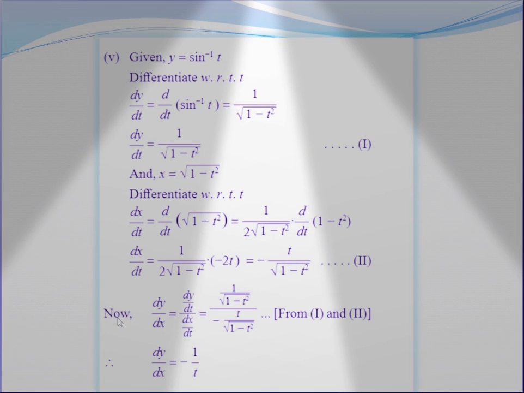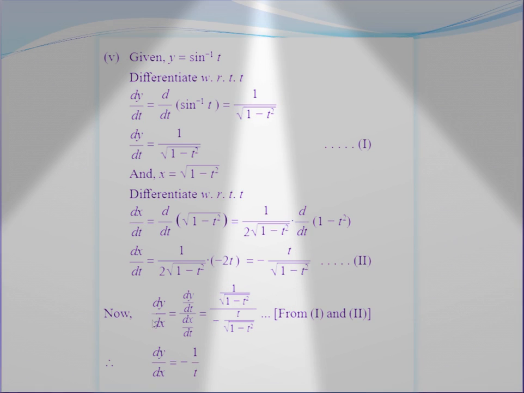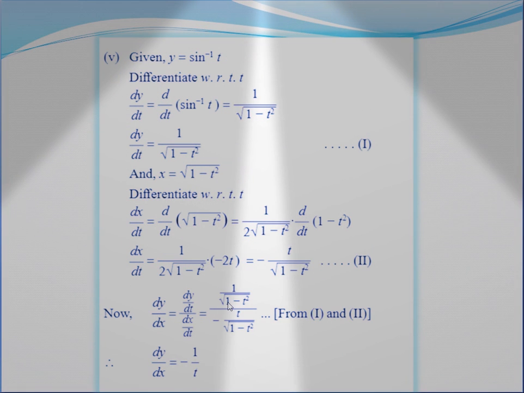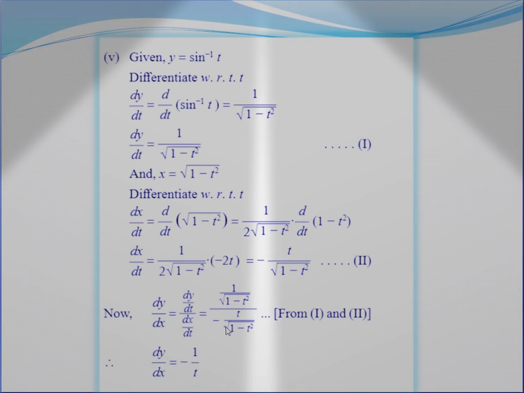Now we know that again the parametric rule is dy upon dx is equal to dy upon dt upon dx upon dt. Now putting the values of dy upon dt and dx upon dt from equations first and second, we get dy upon dx equal to 1 upon under root 1 minus t square upon minus t upon under root 1 minus t square.